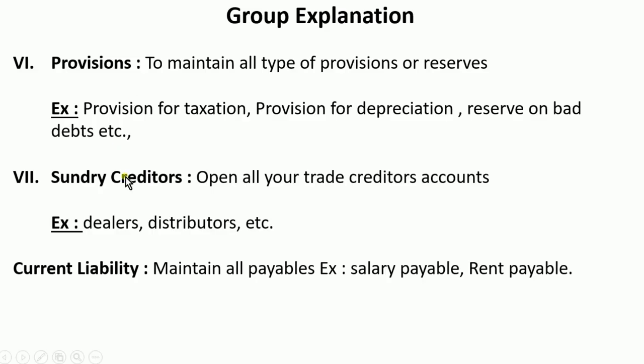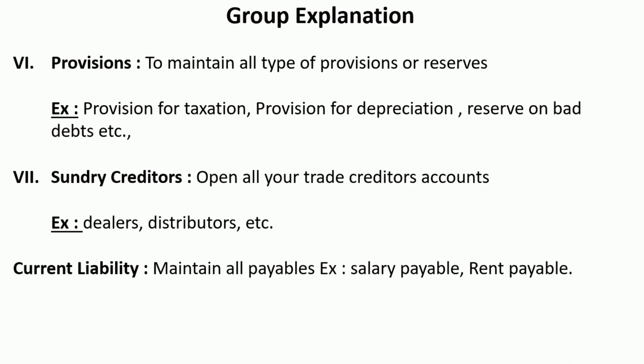But sometimes if some ledgers are not fitting under duties and tax, provisions and sundry creditors, we will directly take under current liability. Maybe for example, to maintain all payables like salary payable, rent payable. In every month, a company has to pay the salary or the rent.